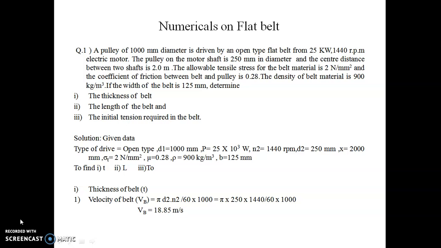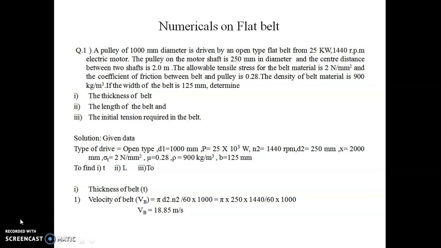The first numerical is: a pulley of 1000 mm diameter is driven by an open type flat belt from a 25 kW, 1440 rpm electric motor. The pulley on the motor shaft is 250 mm in diameter and the center distance between the two shafts is 2 meter.